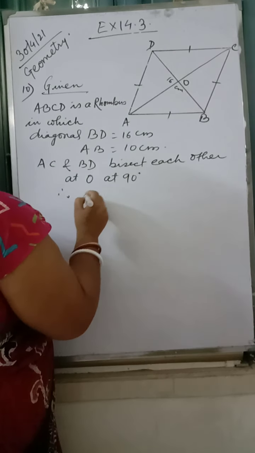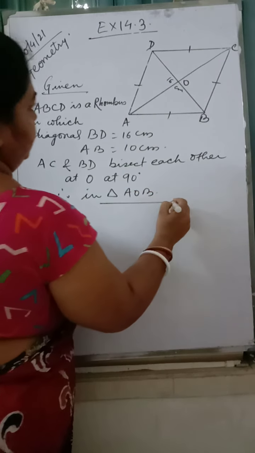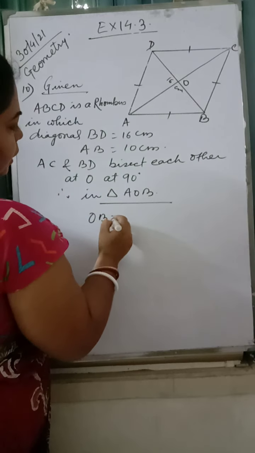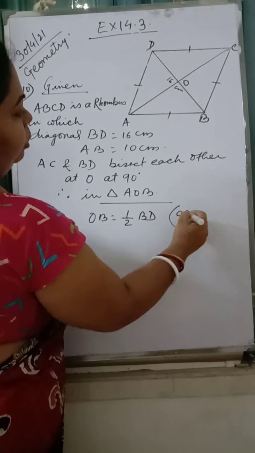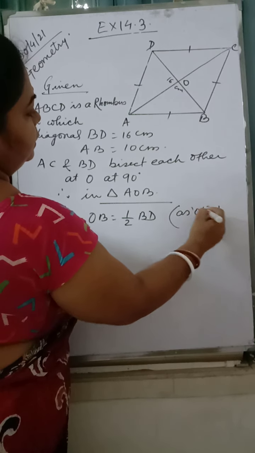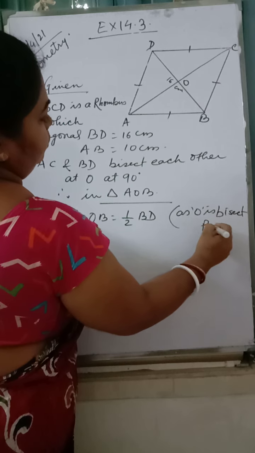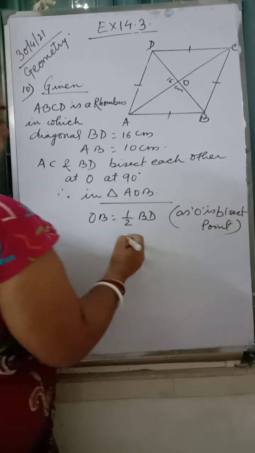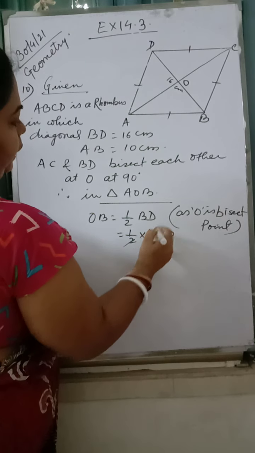So therefore in triangle AOB, OB is half of BD, as O is the bisection point. So half of 16 centimeter, 8 centimeter.